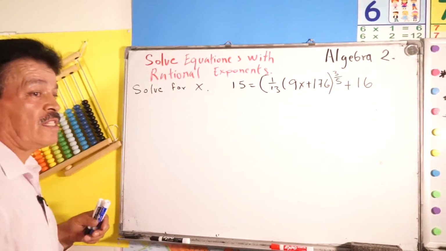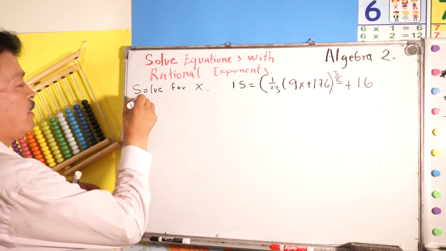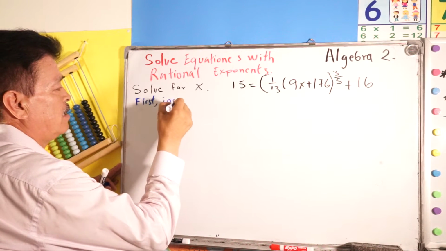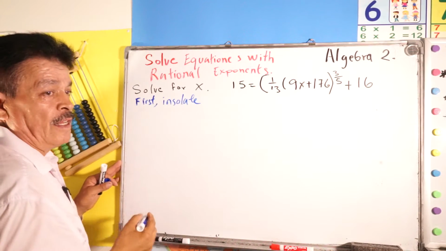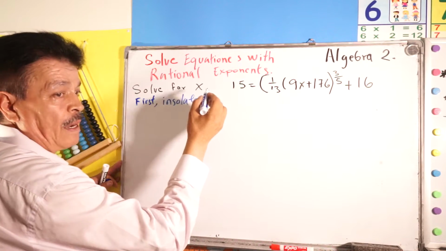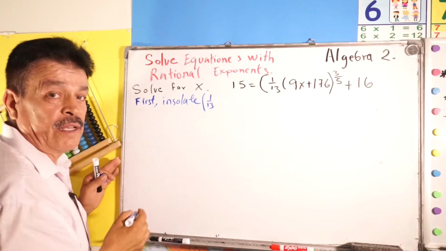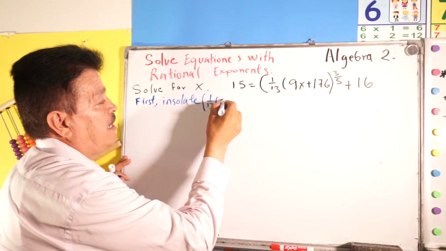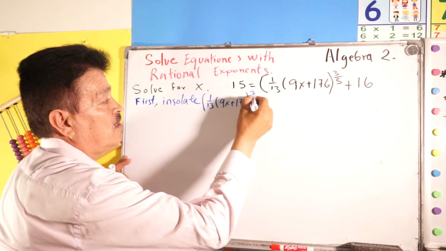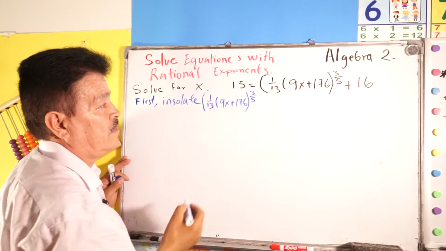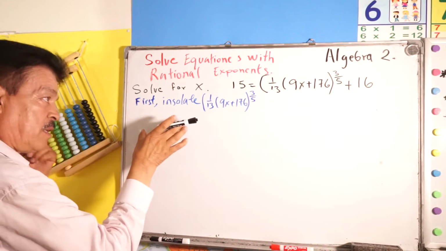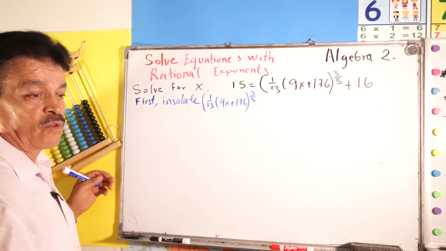First, here we have 1/3 times (9x plus 17) to the 3/5 power. I will make two lines because it's too long.